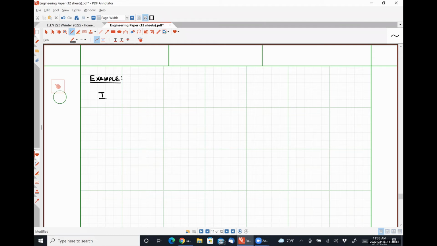So it might say something like, in a balanced three-phase delta Y system, the source has an ABC or positive phase sequence.